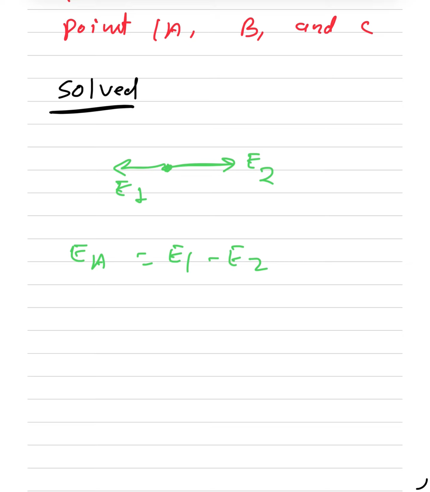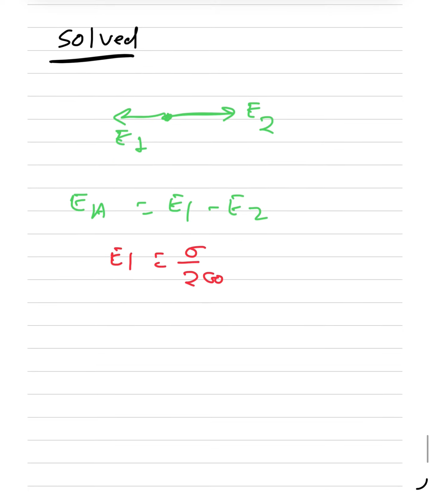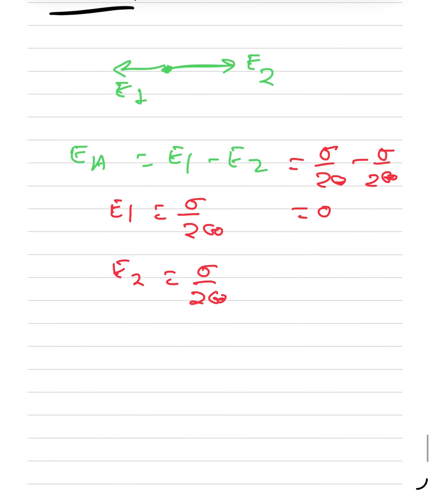The magnitude of E1 is sigma divided by 2 epsilon naught, and E2 is sigma divided by 2 epsilon naught. So the net electric field at point A is sigma divided by 2 epsilon naught minus sigma divided by 2 epsilon naught, which equals 0.